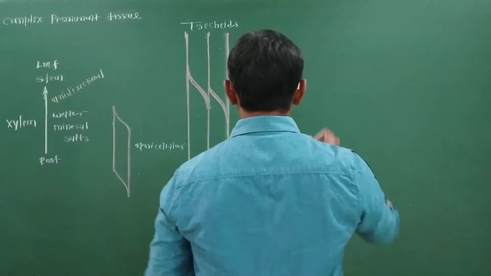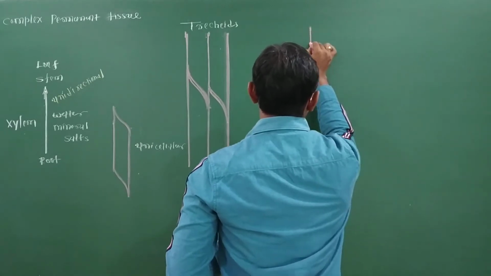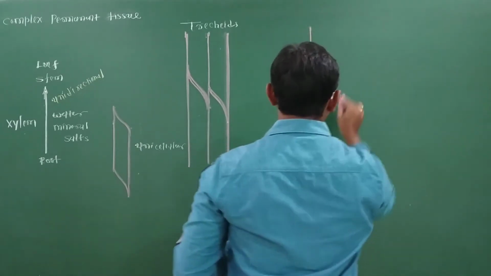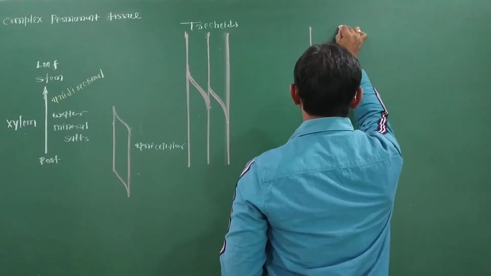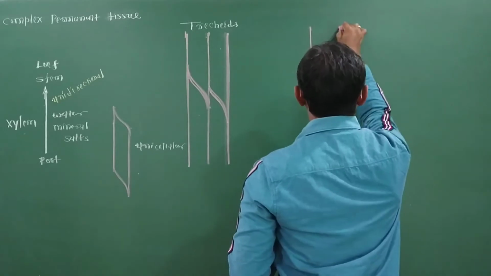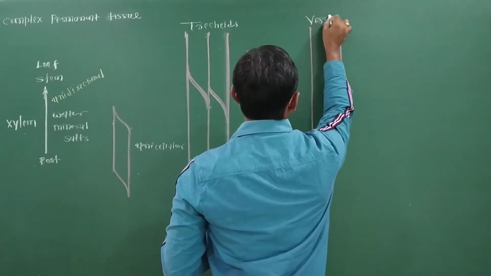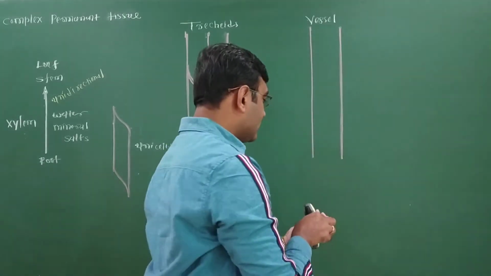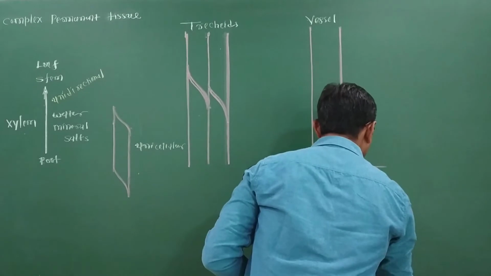Now we draw the structure of the vessel. Vessel is a broad unit, an entire unit like a pipe. This is vessel. It is made up of vessel units. This is one unit of vessel.